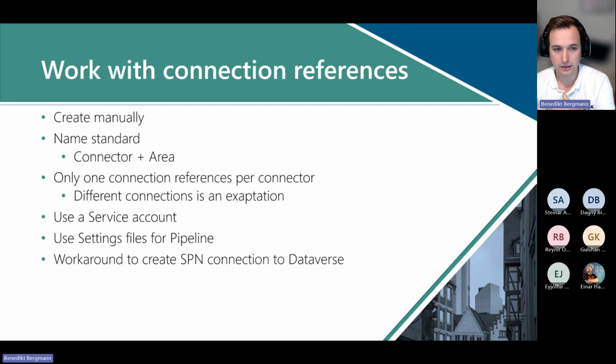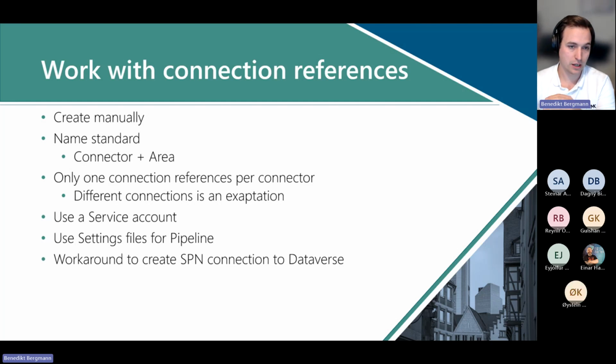And the other 3 we have are different integrations. They have a system where they do all their billing and so on. So if they change something, I want to know where the change is coming from. So I have a certain service user for that, and that is used in the connection, and therefore I need a new connection reference. So there might be reasons to have different ones. But we should try to have as few as possible.